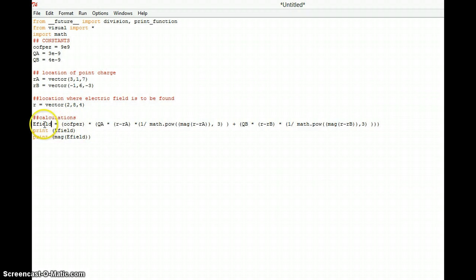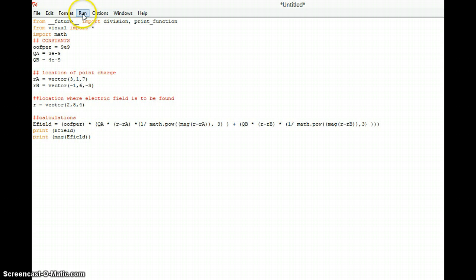And I wrote my formula down: E field equal to 1 over 4 pi epsilon 0 times QA times R minus RA times 1 over math.pow, which I imported and which gives me the power function. And I wrote my formula: 1 over magnitude of R minus RA powered 3, plus, in the same way, the same thing for B. And then I print the field.